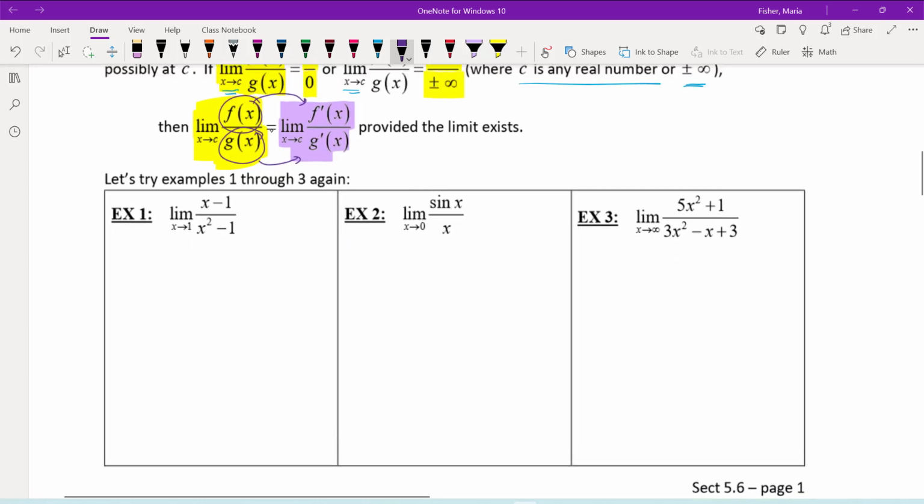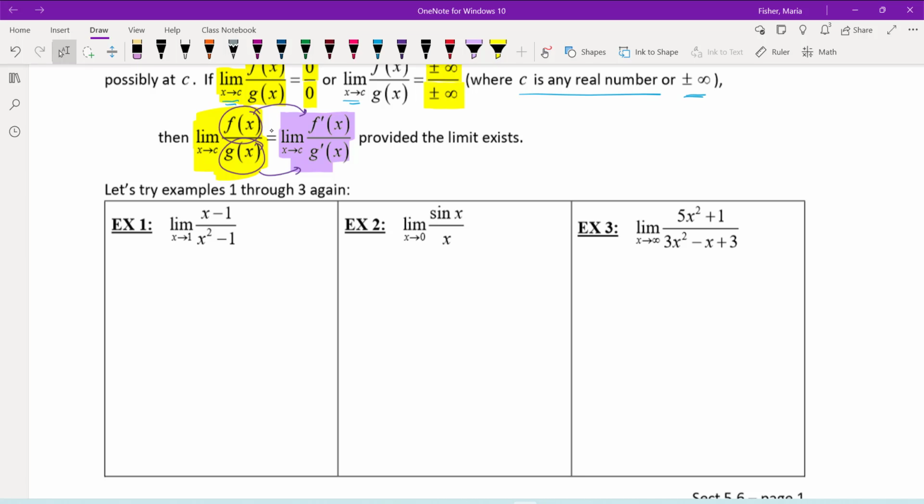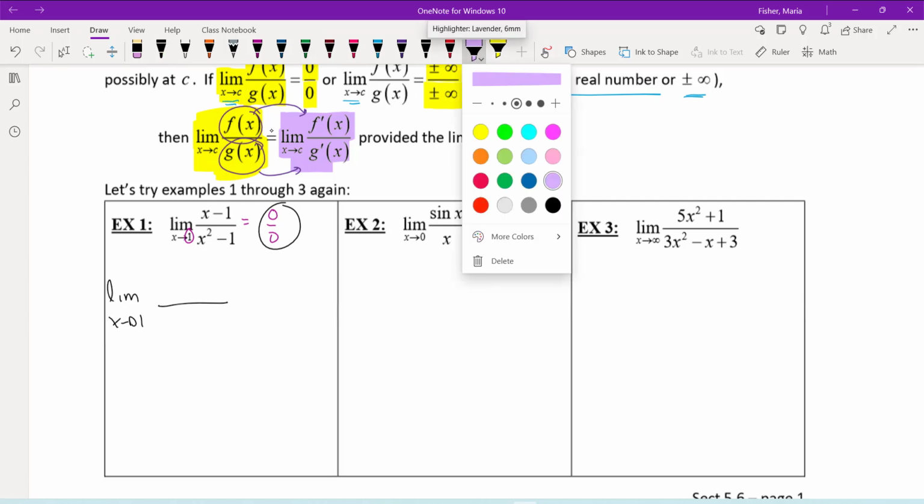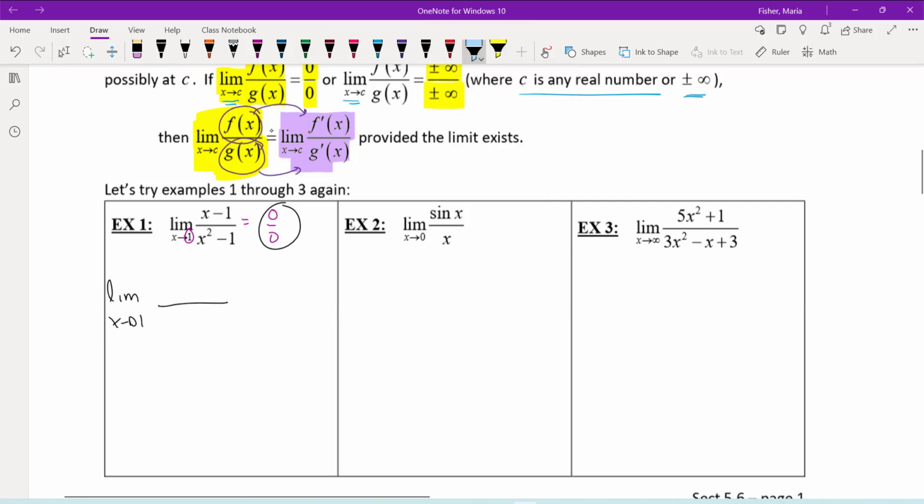Let's do examples 1 through 3 again, this time using L'Hopital's rule. We know that for number 1, direct substitution would just give us 0 over 0. L'Hopital's rule says if you have indeterminate form 0 over 0, what you need to do is take the derivative of the numerator. The derivative of x minus 1 is 1.